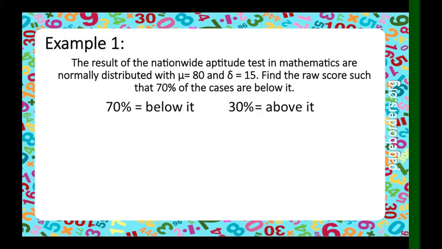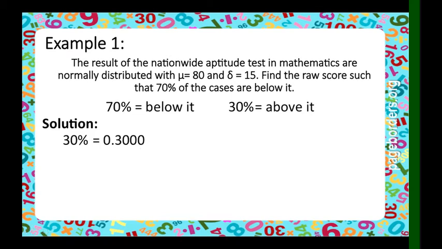So the cases that are 70% below means 30% is above it. So for the solution, we have 30%. 30% is equal to 0.3000. We will transform this 30% into decimal form, so it becomes 0.3000, with four decimal places.